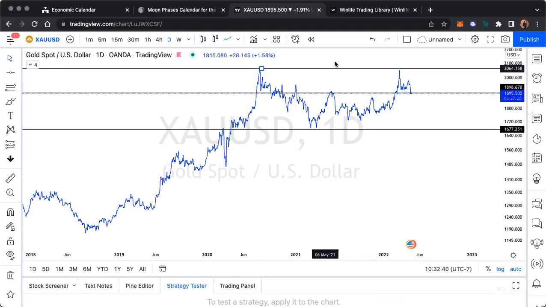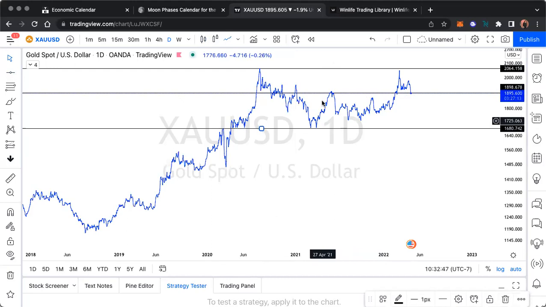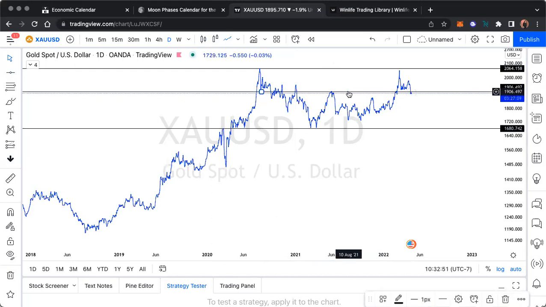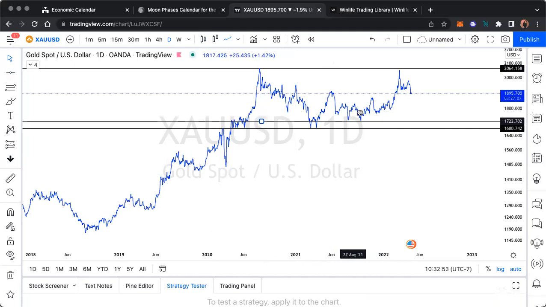It's a trick Neo showed me. Switch to the line chart, and they call them key line levels, or support and resistance. I can find them real easy like that, like this.